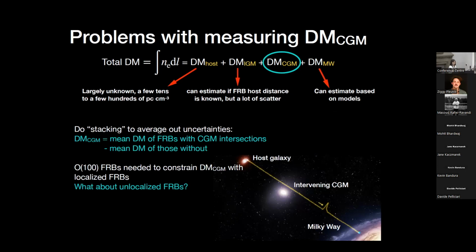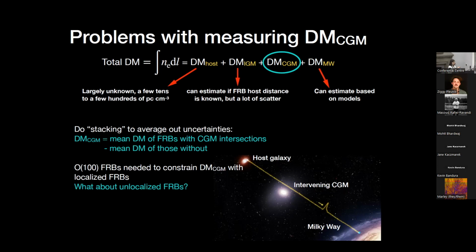But if you don't have localization, then you know nothing about it. And then the DM from the Milky Way is also uncertain, but you can probably estimate it based on some sorts of models.